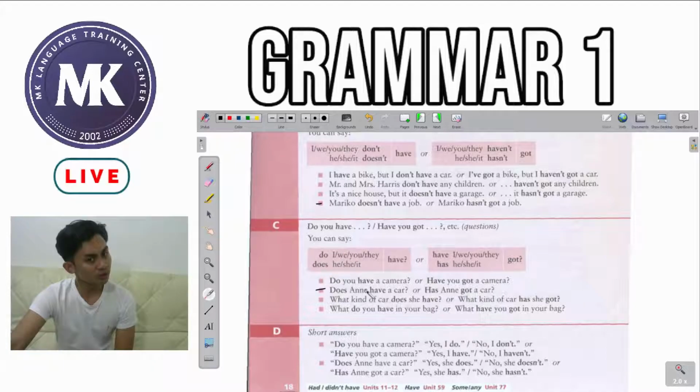Well, if you're confused, just replace the proper noun with a pronoun. So, Anne is a female name. So, we replace it with the pronoun "she," since "she" is the female pronoun. Since it's "she," this tells us that we have to use "does." So, "Does she have a car?" If you have a question about that, I hope it answered that.